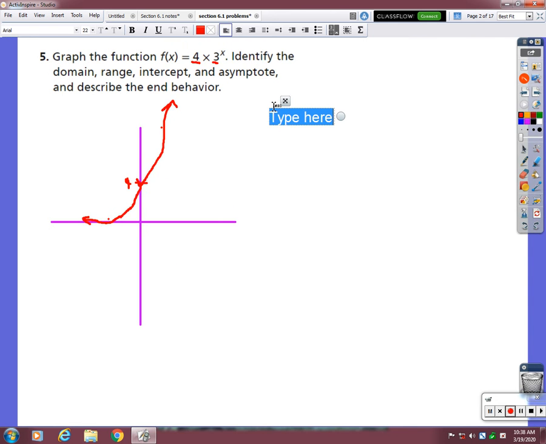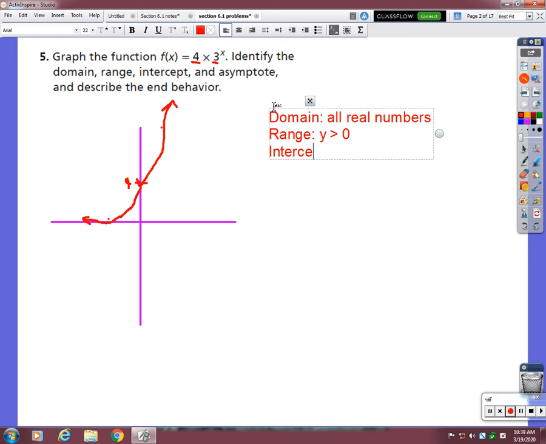So what is the domain? The domain, as it has been for all the other ones, is all real numbers. The range is y is greater than 0. Greater than 0, not equal to 0, because it never actually touches the x-axis.